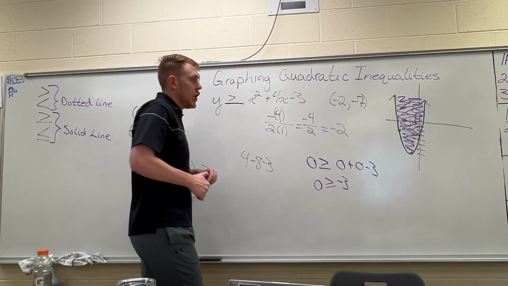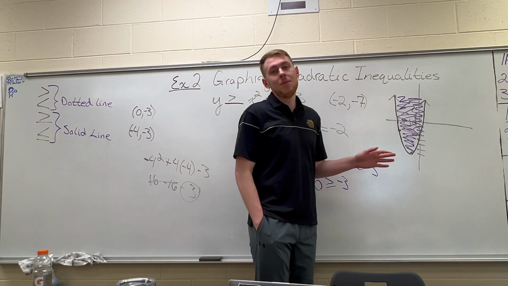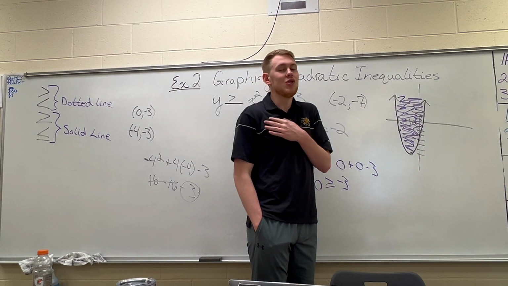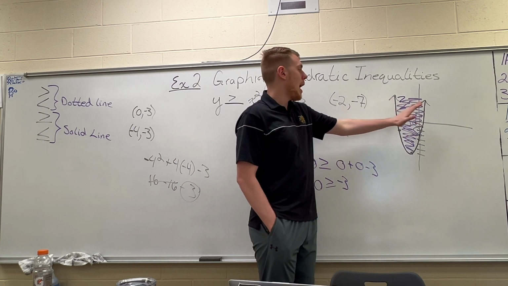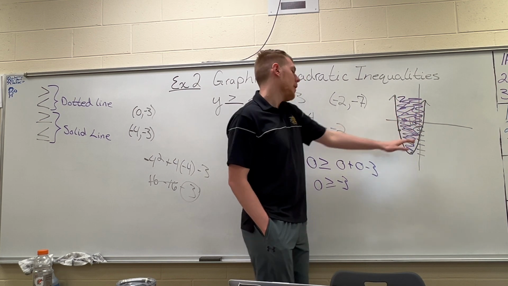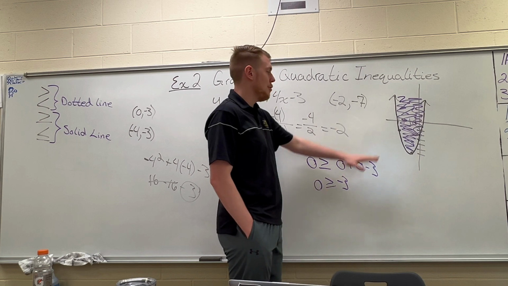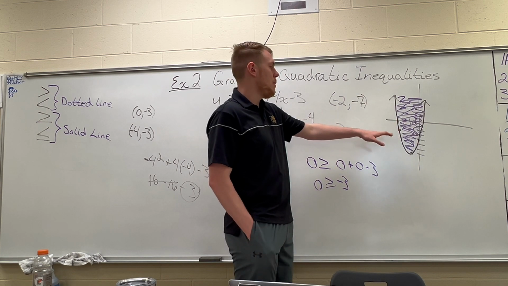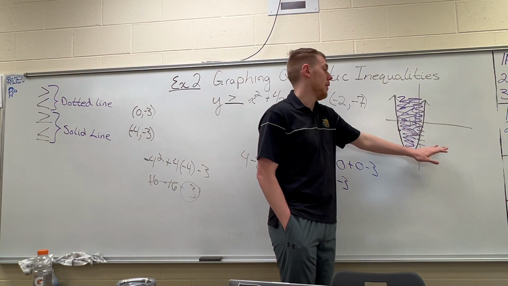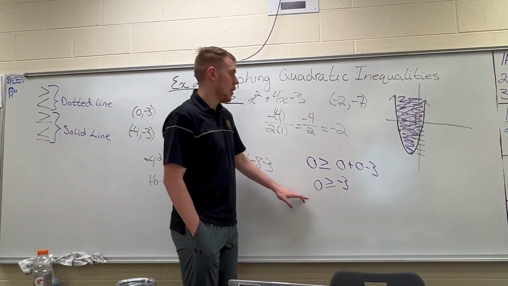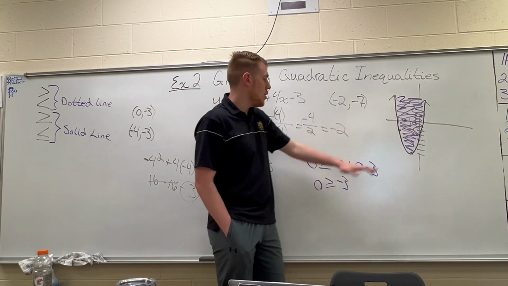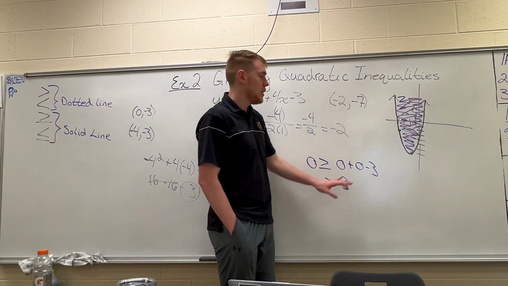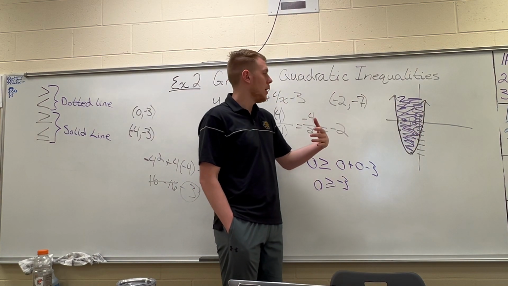Okay? It doesn't matter what point you pick. I always just think 0, 0 is super easy to do. If it is inside the parabola and it is a true statement, you shade inside the parabola. If you pick a coordinate outside the parabola and it is a true statement, shade the outside of the parabola. If you shade it and you get the wrong answer, then shade the opposite of what you picked.